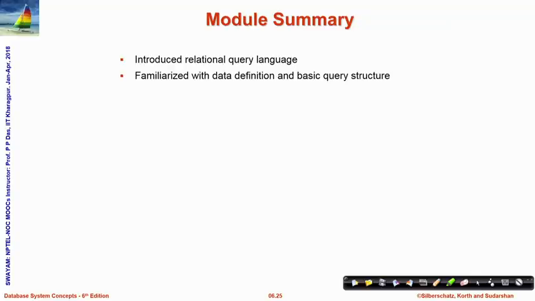And then we have given the basic structure of the select from where query of SQL, which will be the key language feature of a query language that we will continue to discuss all through this course.